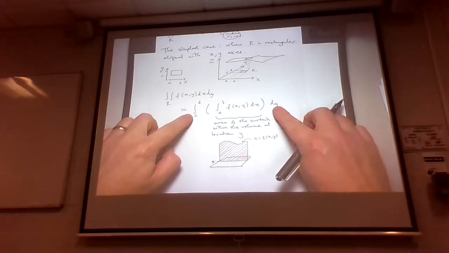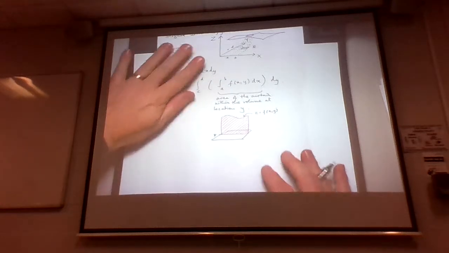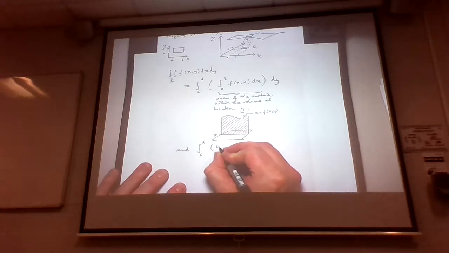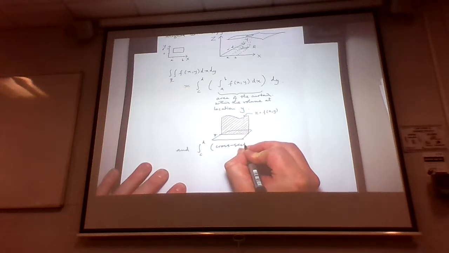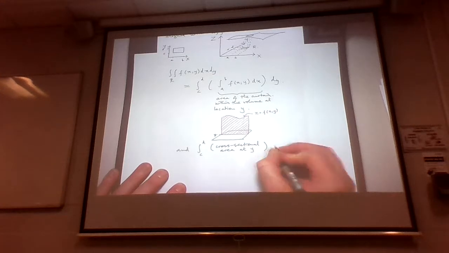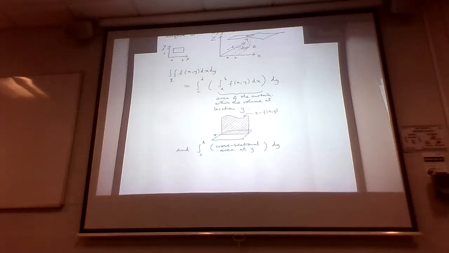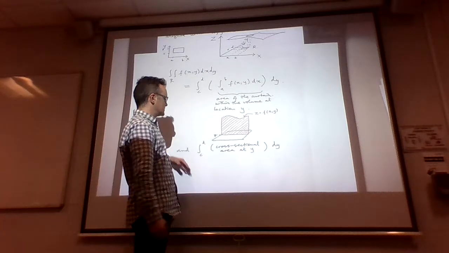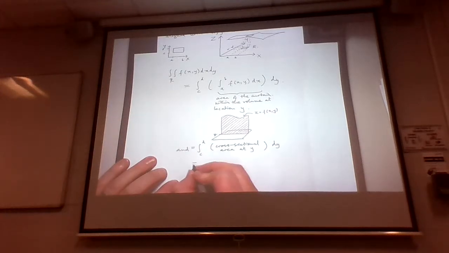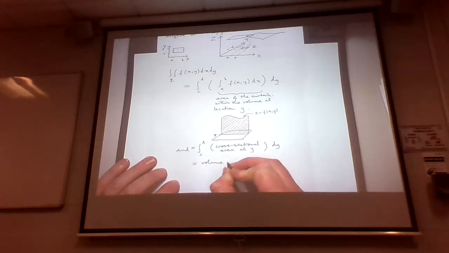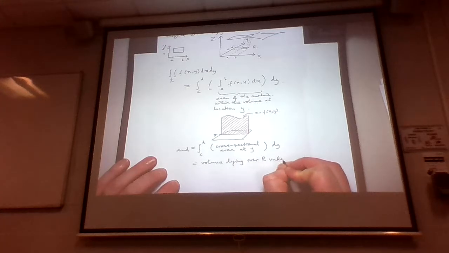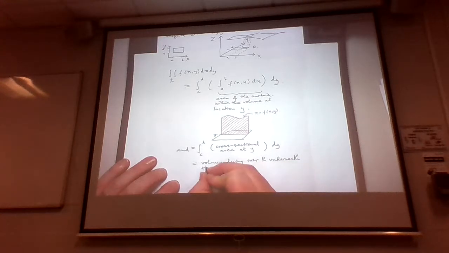So integrating these areas, the integral from c to d of the cross-sectional area at location y, integrating that with respect to y, summing up all these cross-sectional areas between c and d, this gives you the volume lying over R underneath the surface, as we talked about before.